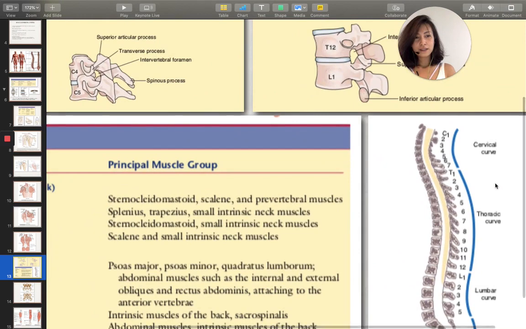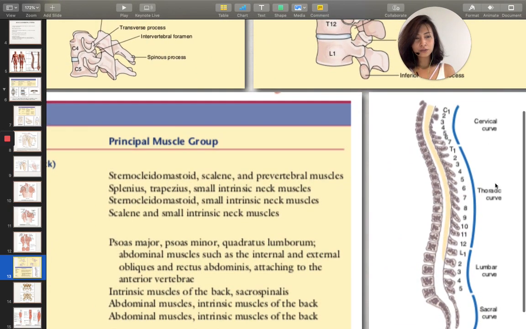And last but not least, for this video, I would like you to pause and spend your time just drawing the imaginary lines of your spinal cord. And please work on your piece of paper, write down the list of the spinal bones names.